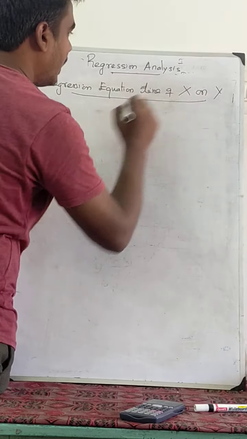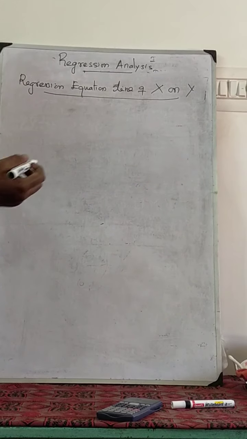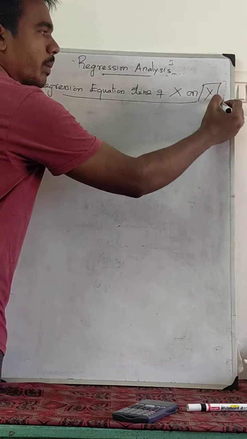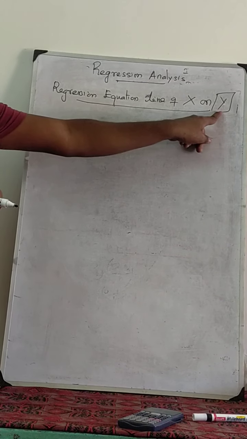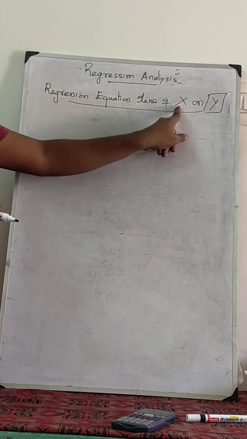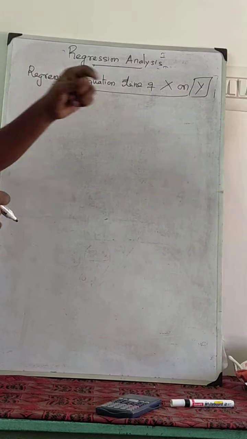Okay. For example, this is a regression equation line of x on y. Sometimes the y value will be given in the problem. To do the manual calculation, y is what? Dependent variable, x is independent variable.